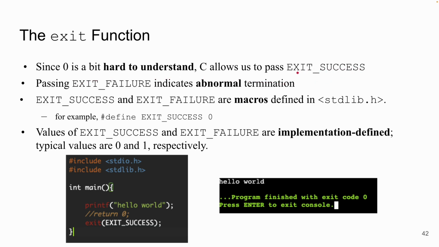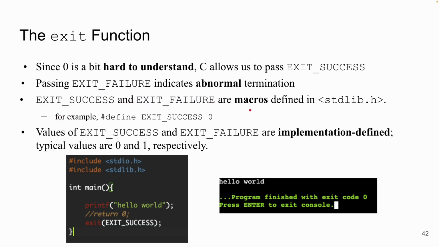You can write down the macro like this as the argument for the exit function. Also C has this EXIT_SUCCESS. They have a lot of macros for different status codes. So if you are interested to learn more, you can check out the macros defined in this header file.